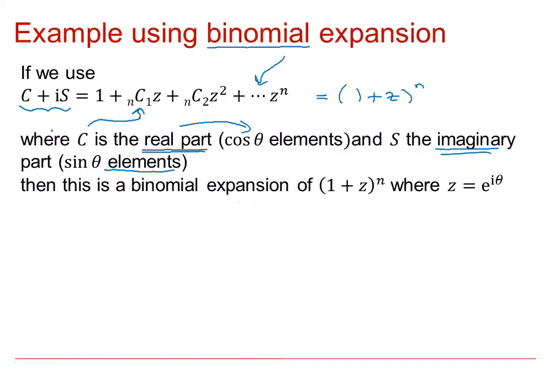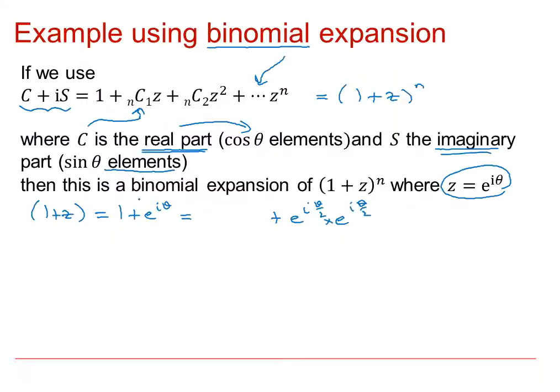So now we're going to write C plus iS as (1 plus z) to the n, where z is our complex number e to the i theta. Before we do the full solution, let's first deal with 1 plus z. That's 1 plus e to the i theta. A neat way of writing e to the i theta is to break it down into e to the i theta over 2 times e to the i theta over 2.